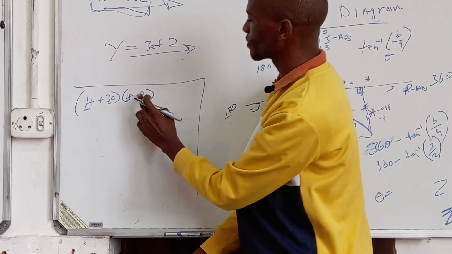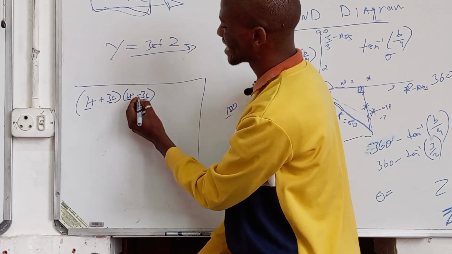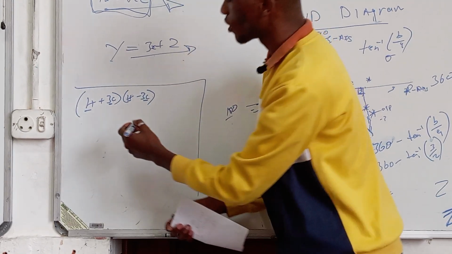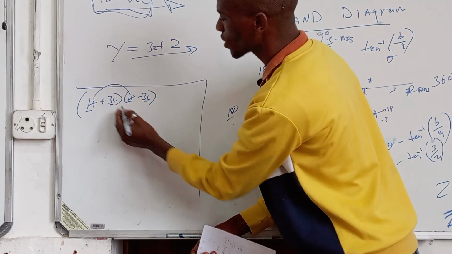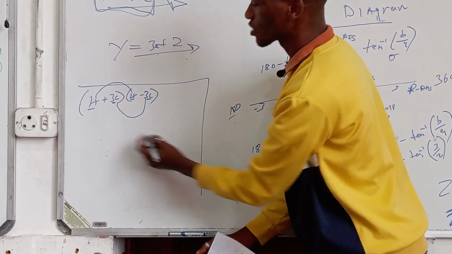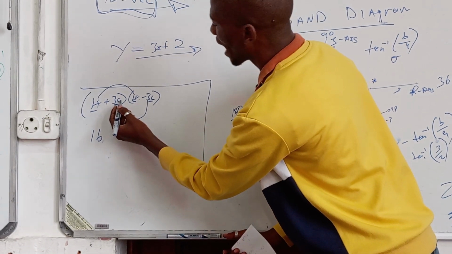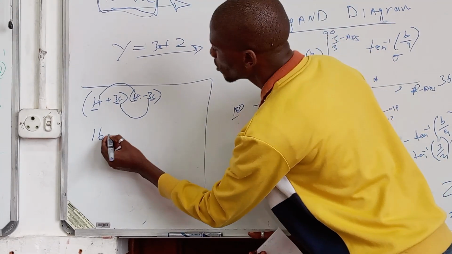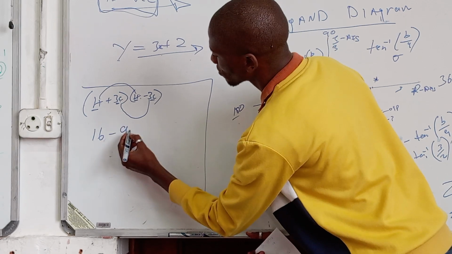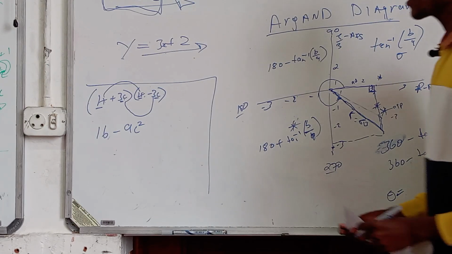The only difference between those is the sign. What I will do, I will take this one and this one and also this one and this one. So if you say 4 times 4, it will be 16. 3i times negative 3i will be negative 9i squared.